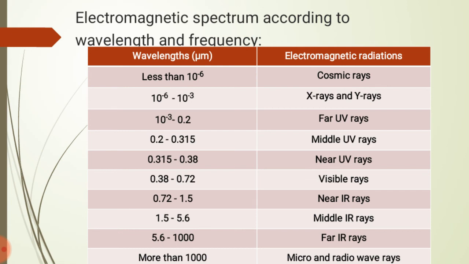So we are able to calculate the energy of the electromagnetic radiations. This is the electromagnetic spectrum, which consists of different regions, that is the electromagnetic radiations. This is all about the electromagnetic energy spectrum. This is very basic information, but it is very useful in physics, so we have known about it.